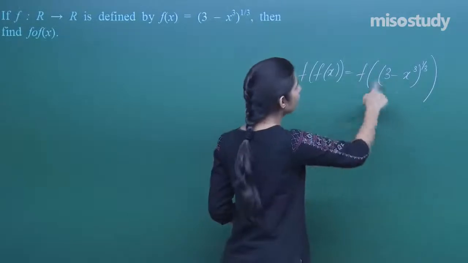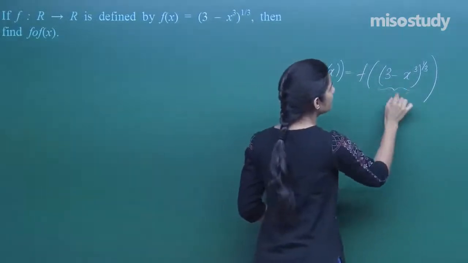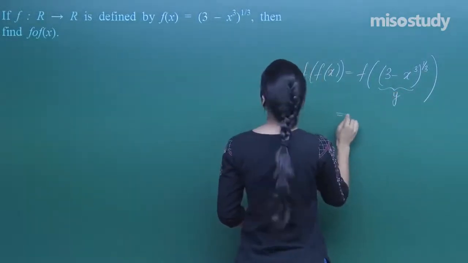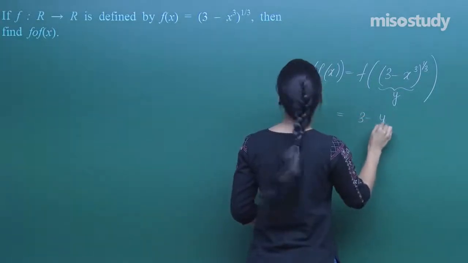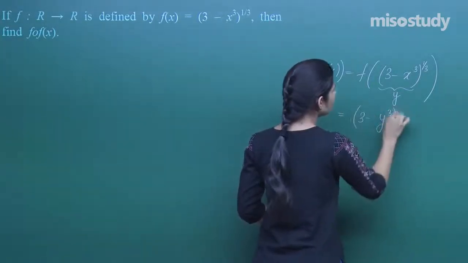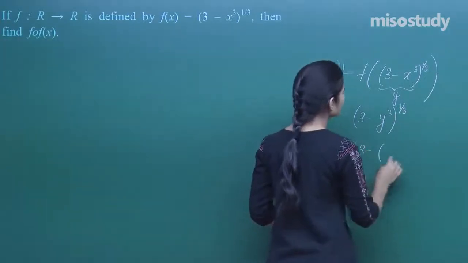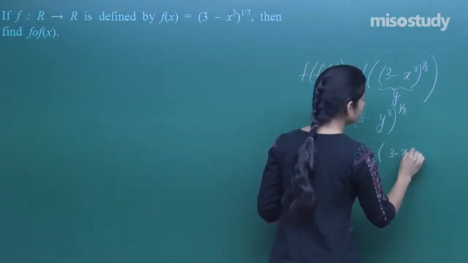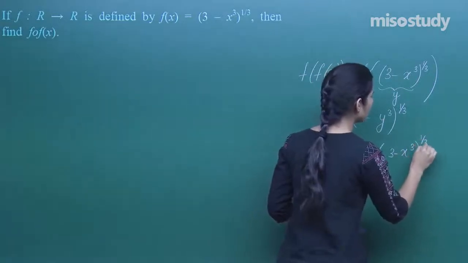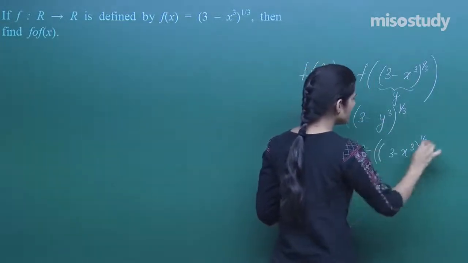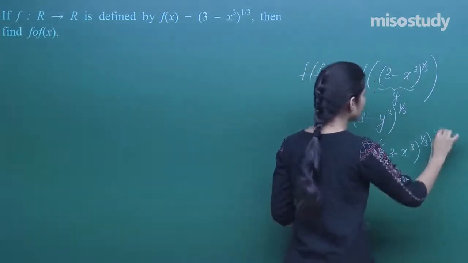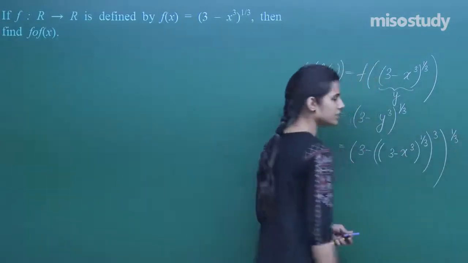Now f of this quantity, if you take it as y, f of y is what? 3 minus y cube whole to the power 1 by 3. Now replace it. y is 3 minus x cube whole to the power 1 by 3. This is y cube. Its cube you need to take and then whole to the power 1 by 3.